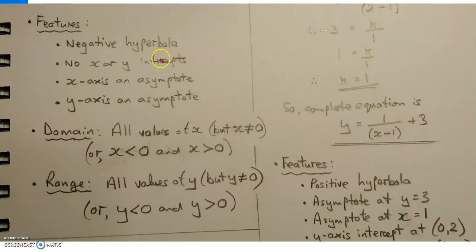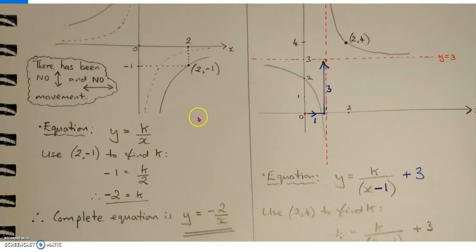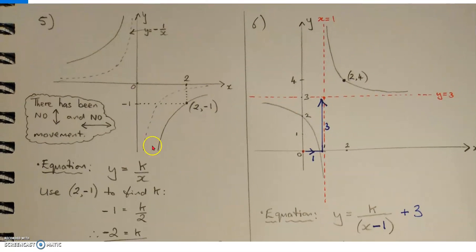There are no x or y intercepts, okay? Because if you look at it again, there's no way in which this curve crosses any axis, and neither does this curve here cross any of those axes. However, if you went all the way to infinity that way and all the way to infinity that way, this x-axis would be an asymptote this way and that way for this top curve here.